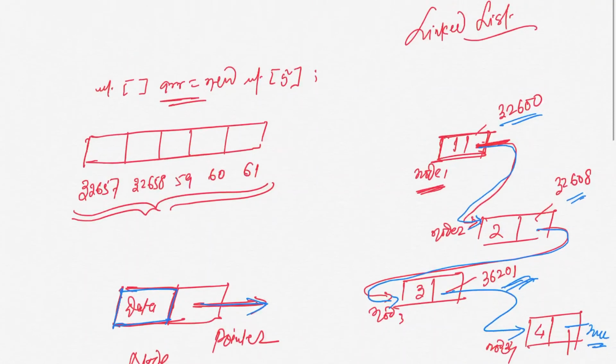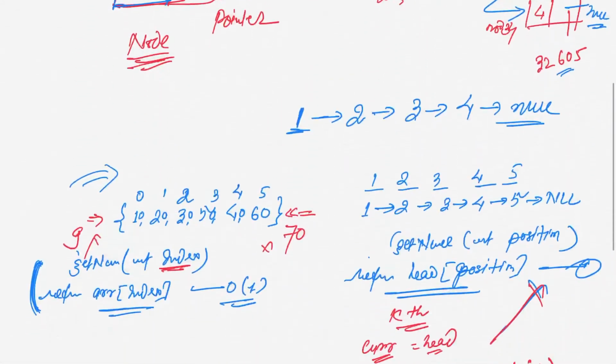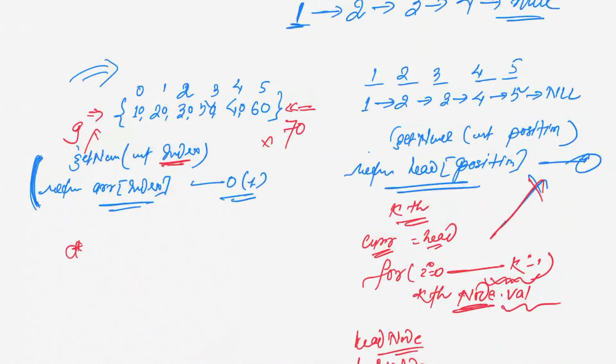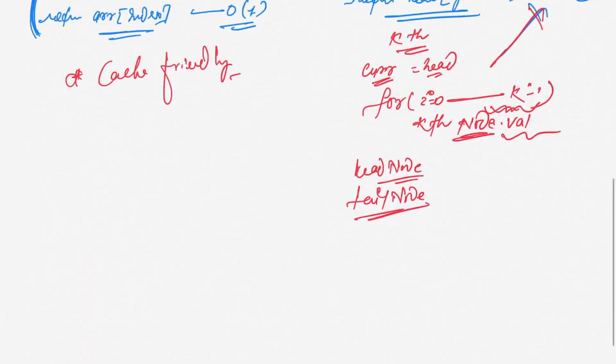Another thing we have seen is that when it comes to memory representation, an array declaration uses contiguous memory locations, where the linked list does not. So we can say that an array is more cache friendly, but a linked list is not as cache friendly as an array.